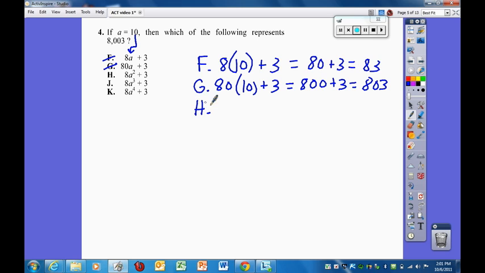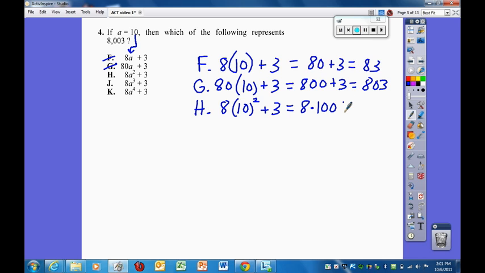All right, answer choice H. We have 8 times. My A is being squared this time, so when I put it in parentheses, I got to make sure I square it. And then plus 3. Order of operations says to do parentheses first. Everything's been done there. Exponent next, so we got to take 10 and square it. All right, so we've got the 8 times 10 being squared, which is 100.